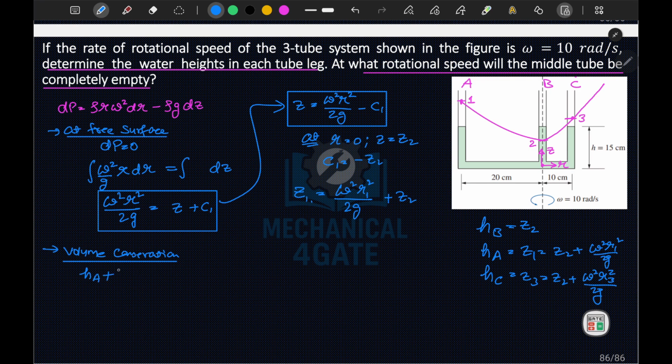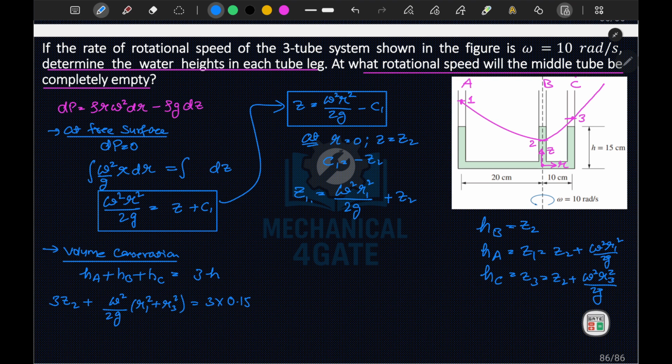HA plus HB plus HC is equal to 3 times H, because here the fluid will always remain. So we can write HA plus HB plus HC is equal to 3 times Z2 plus omega square by 2G times R1 square plus R3 square, is equal to 3 times H, where H is 15 centimeter, that is 0.15.